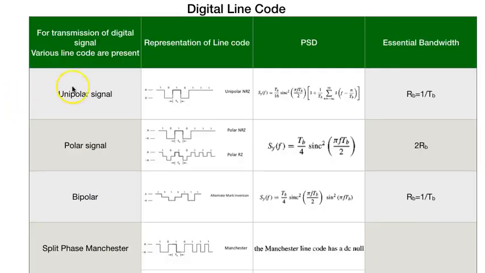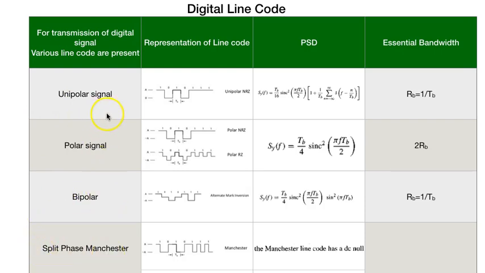Moving further, to represent a digital signal, there are numerous line codes such as unipolar, polar, bipolar, split phase and Manchester.